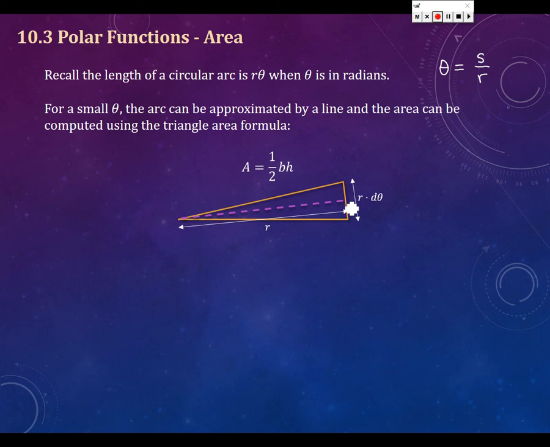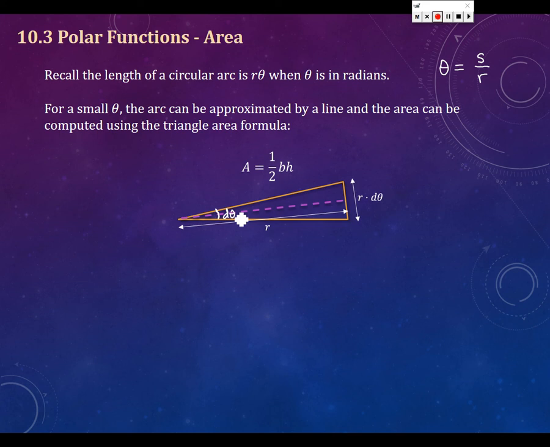Why is that r d theta? If we're calling this small angle d theta, it's just the arc length formula, right? It's just r times the angle. That's what we said the arc length was going to be.